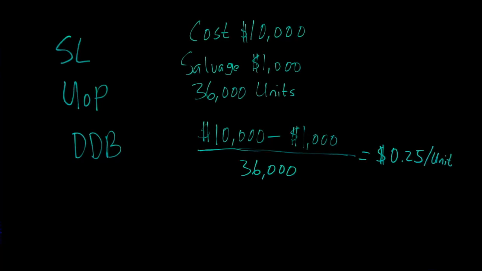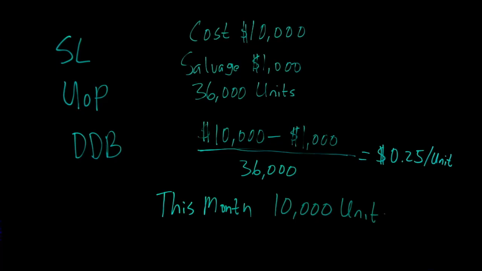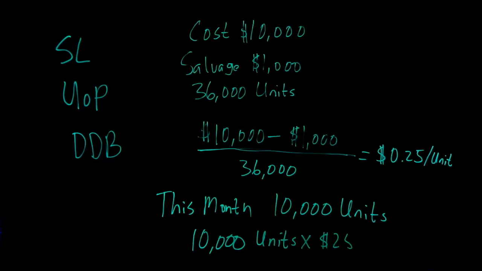So now let's say this year, or this month, we produced 10,000 units. So if we take our 10,000 units times 25 cents, we get depreciation expense of $2,500.